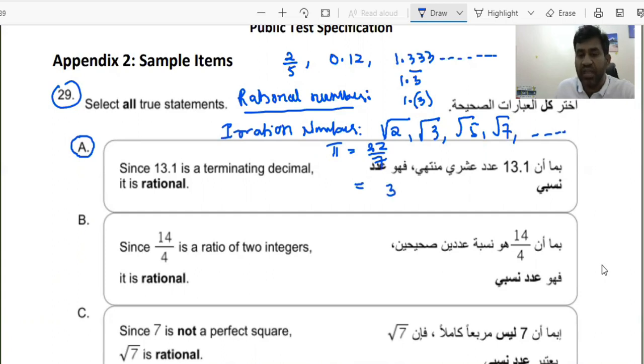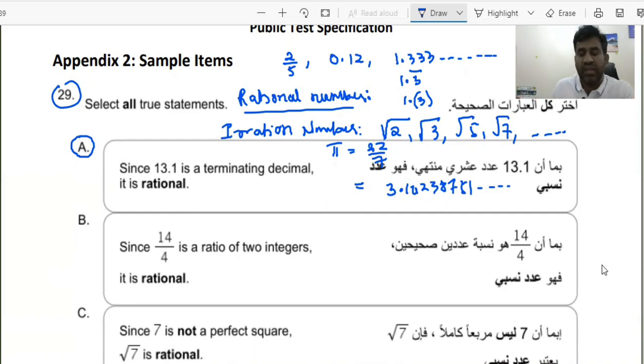It's going to be 3.1423875, and it goes till infinity after the decimal. The digits keep going, but not in a fixed pattern. 3.1423 something, it's going in a random way. After the decimal point, if the numbers go in a random way, these are called irrational.